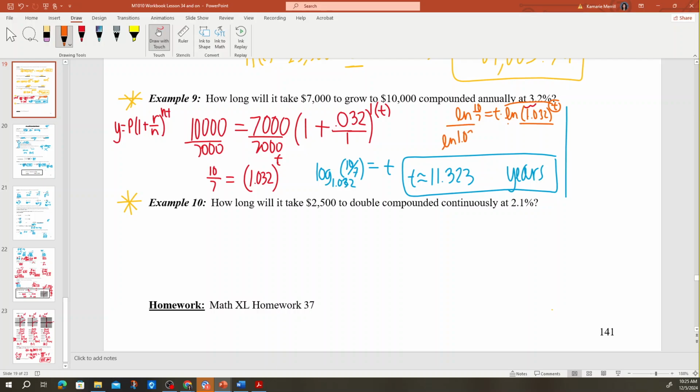Well, what does that look very similar to that you guys just put in your calculator? The change of base formula. You guys had just put in log of 10 over 7 divided by log of 1.032. So there's 2 approaches. Convert to an exponent approach, or ln both sides so you can pull the exponent down and then divide. So 2 approaches to how you guys can solve for t.